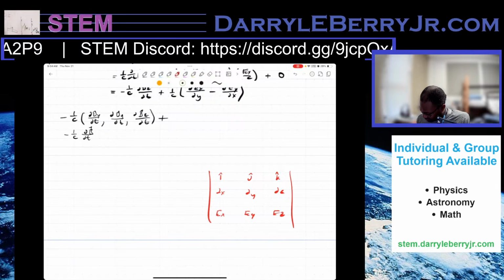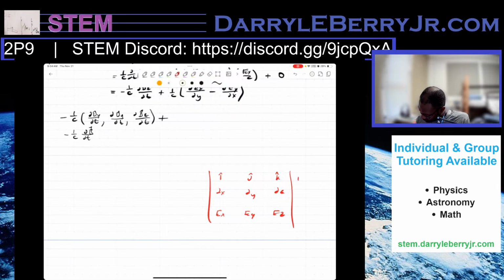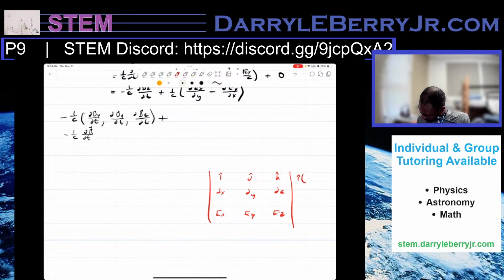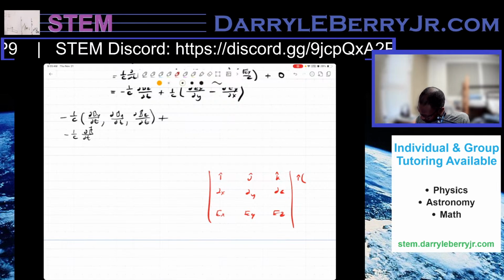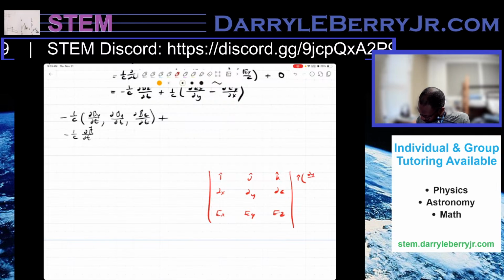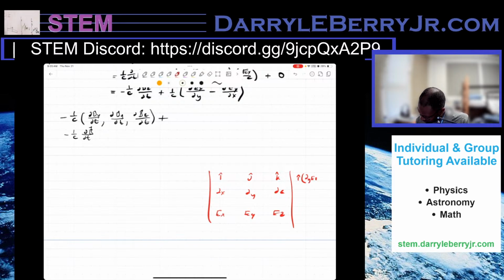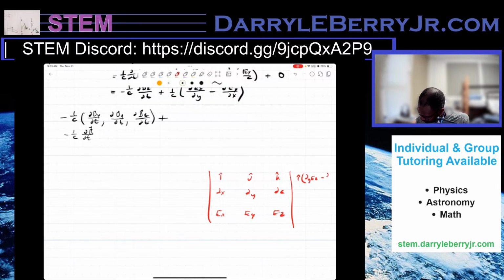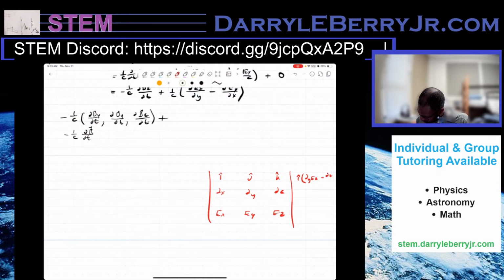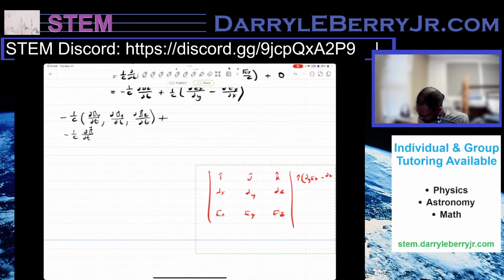See that the i component is going to be partial y Ez minus partial z Ey.